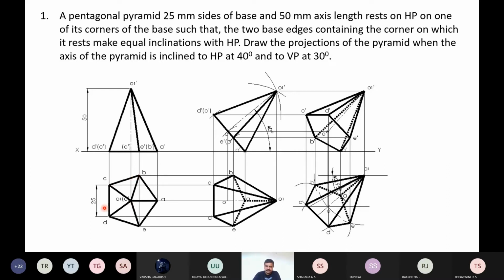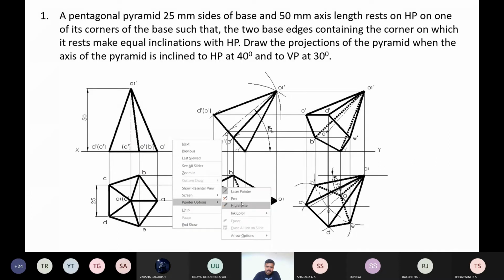Next, after drawing the top view by keeping the complete base on HP, we should keep the solid in vertical orientation, such that the axis will be vertical and perpendicular to HP. Next, project the points and draw the front view. For the front view, the position of the observer is here, looking from this direction.